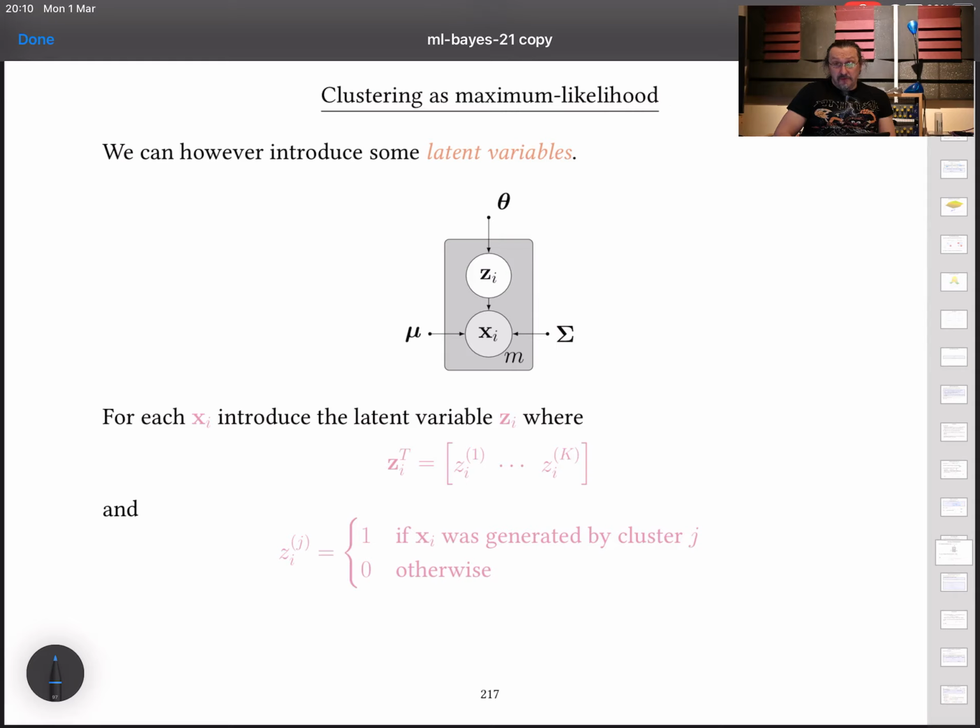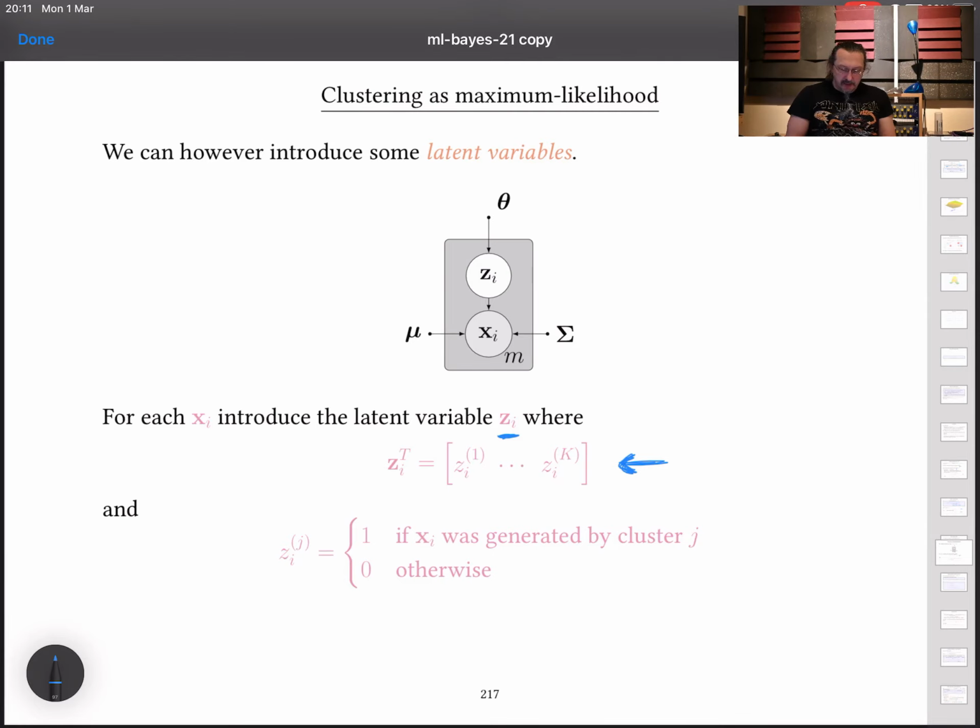So the latent variables, the z_i's, and there is a vector z sub i associated with each data point. It's a vector with k elements, one for each cluster, and those elements are all 0 with the exception of the one corresponding to the cluster that generated x sub i.